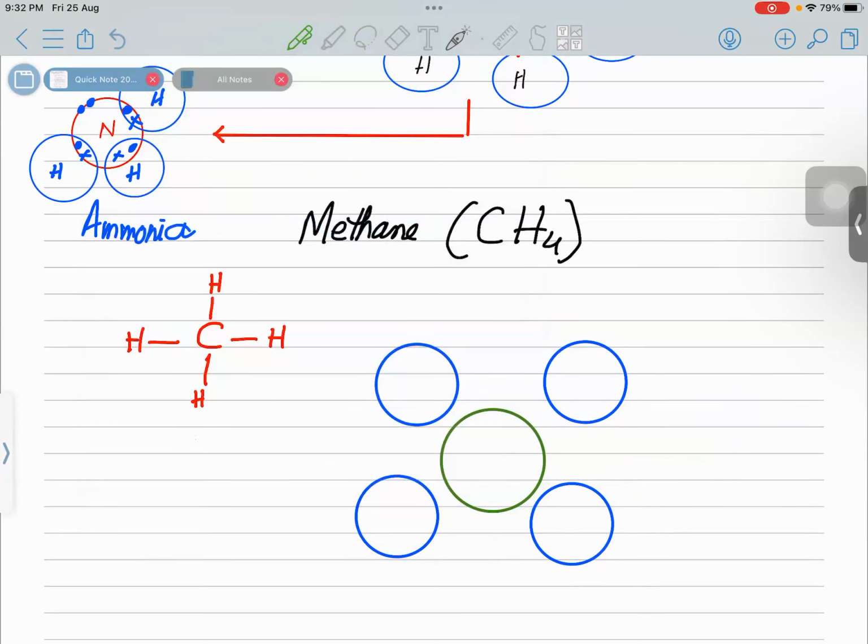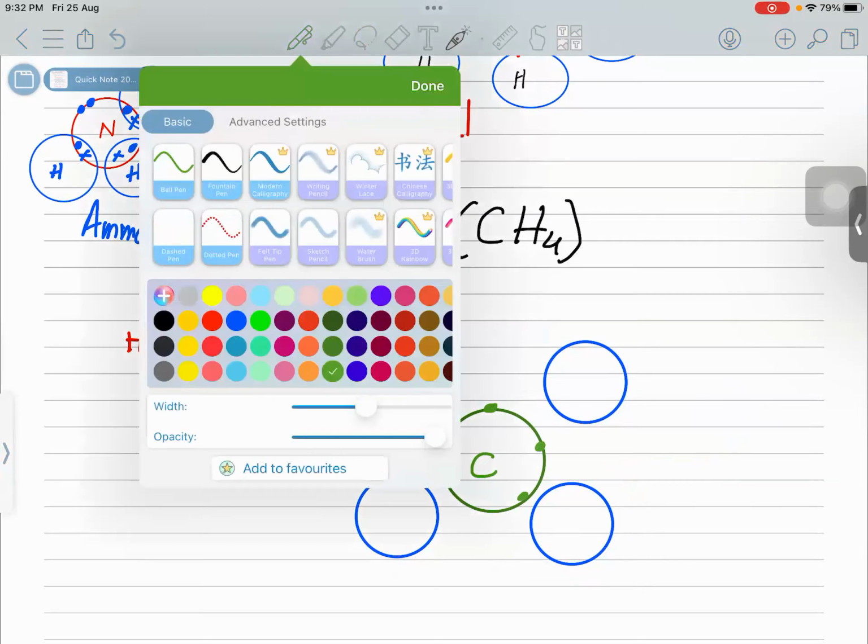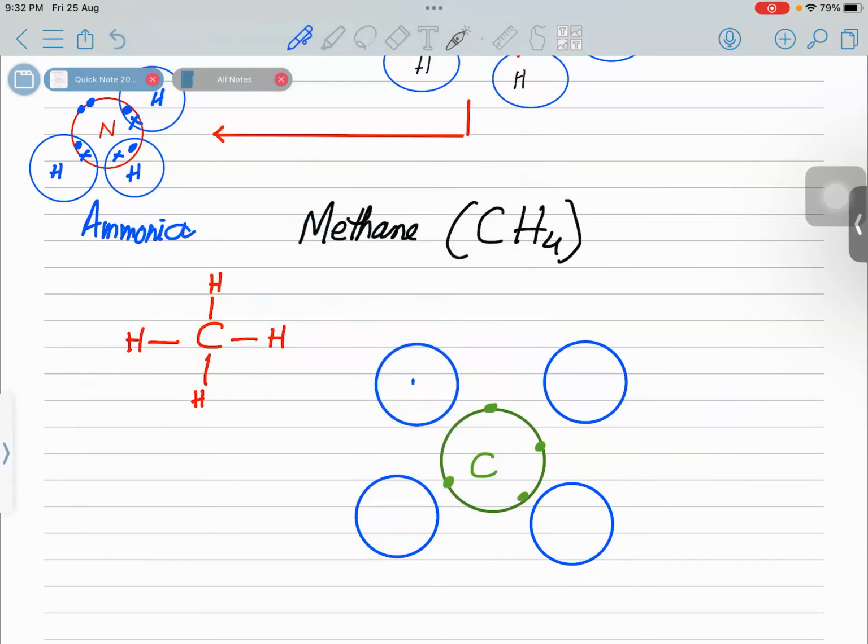You know that carbon has 4 electrons: 1, 2, 3, and 4. And the blue one is hydrogen. They have 1 valence electron, so it has a cross.